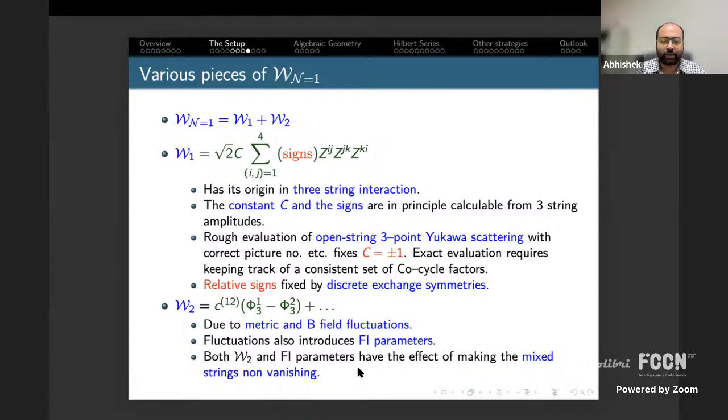If all the Zs of the mixed strings vanish, then there is nothing binding the D-branes with each other, and they can travel or separate from each other as much as they like. We do not want that. To bind these D-branes, you want non-vanishing mixed strings, the Z_ij that we have. So for that, it is required that you switch on a term like this.